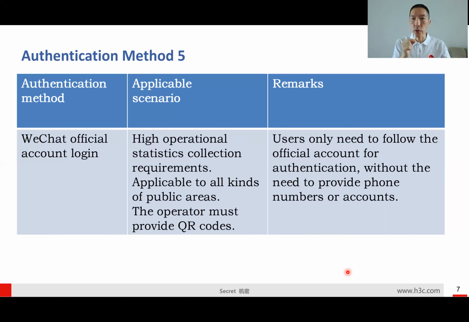Then I can use the Wi-Fi services automatically. This one may seem a little strange to some Malaysian users, but if you take a look at our demonstrations, you may find this is quite user-friendly. But of course, the precondition is the user must have the WeChat app on the mobile phone.